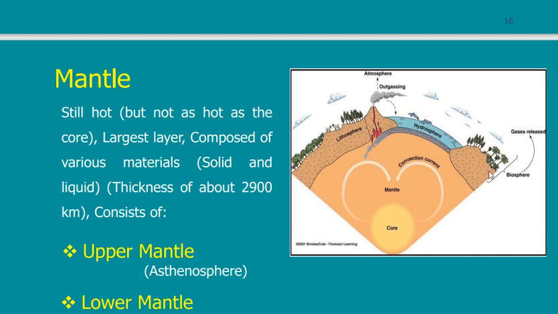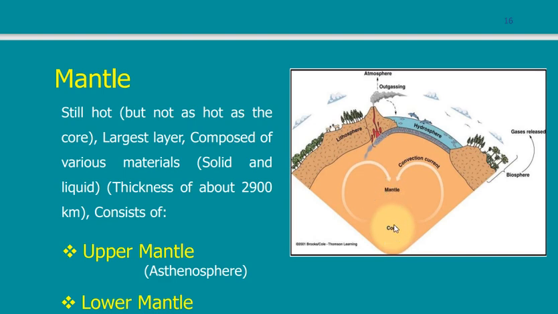Here is the crust, and this crust is part of the lithosphere, because as we said, the lithosphere is the rocky part of the earth, which is the crust plus part of the upper mantle. Here it is written mantle, and here it is core.